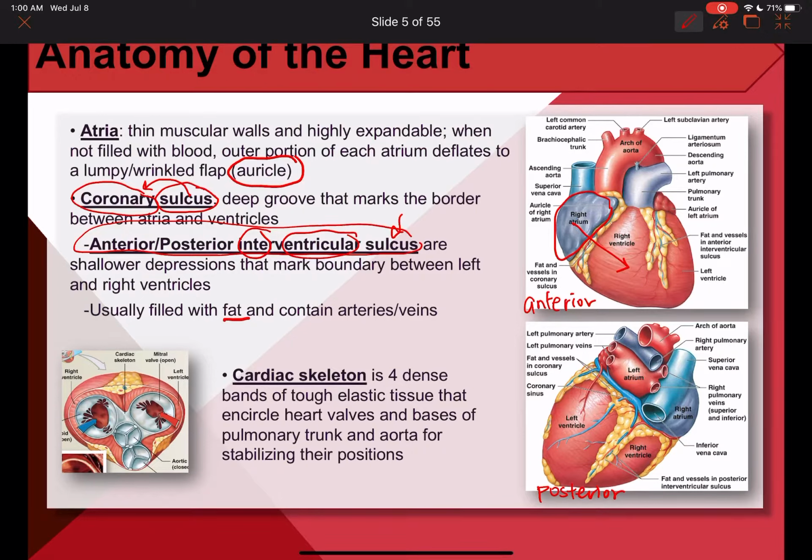It is actually made up of 4 dense bands of tough elastic tissue. Notice that it's not bone tissue, just elastic tissue that encircles the heart valves. So this one right here, this one right here, and this one right here. The circles here, here, and here are your cardiac skeleton that make sure the bases of the pulmonary trunk and the aorta are stabilized in their particular position.